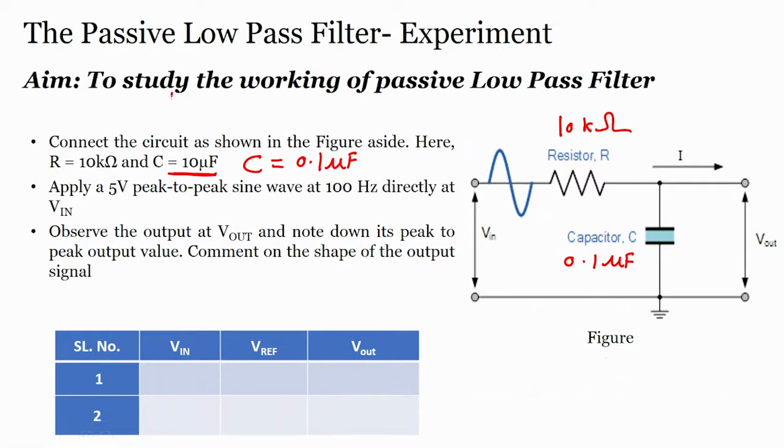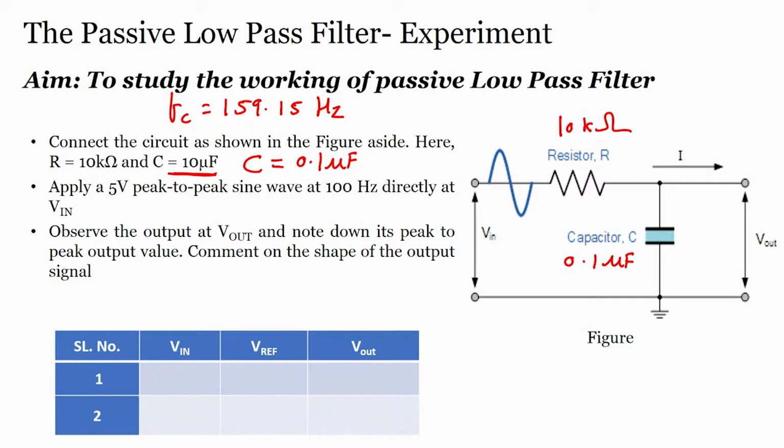Here my FC equals 159.15 hertz. Okay. So, with these conditions, if I make a passive RC low pass filter, what kind of voltage do I get and what is the waveform or shape of the output signal?